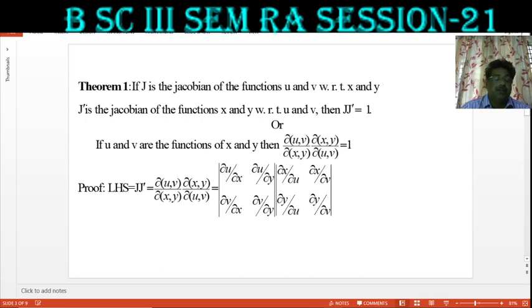Proof. LHS: J into J dash, we can write ∂(u,v)/∂(x,y) into ∂(x,y)/∂(u,v).